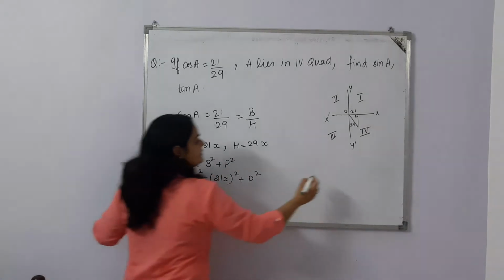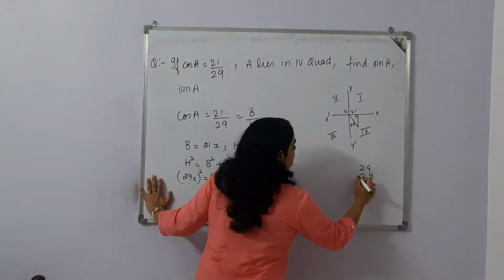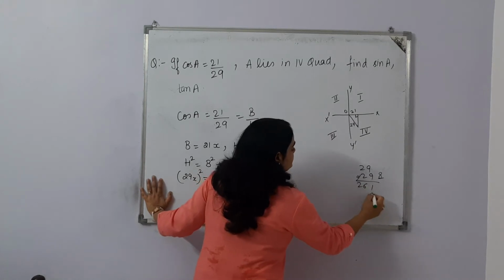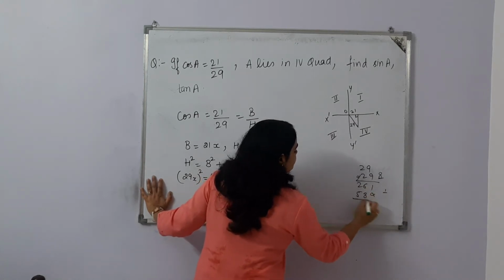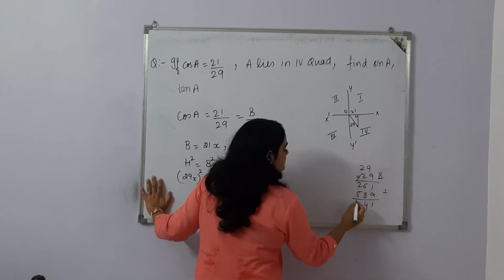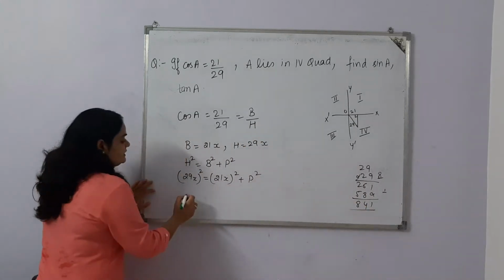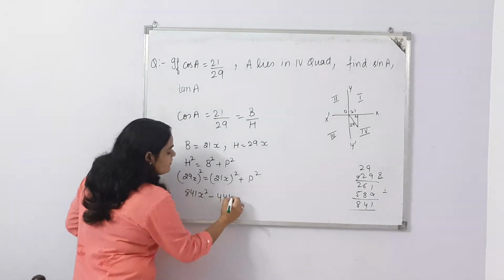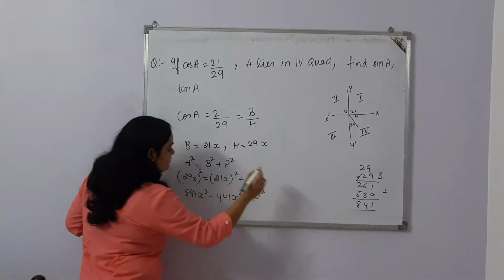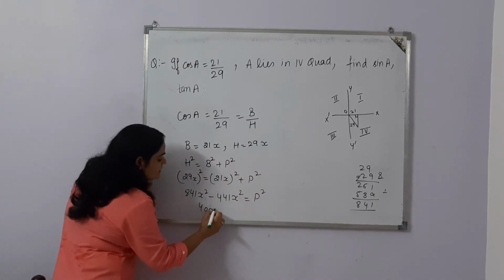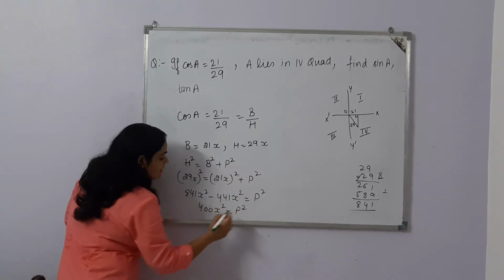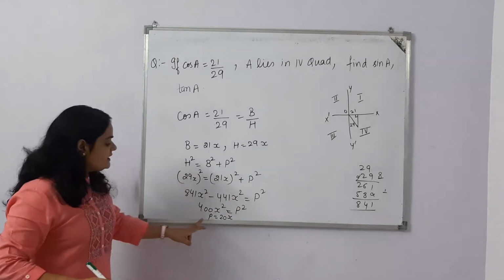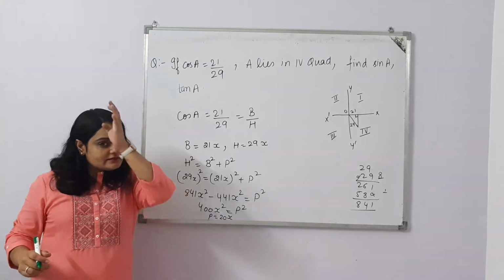So 29 square is 841, so 841x square and 21 square is 441x square, is equal to perpendicular square. We are getting 400x square as perpendicular square, and of course perpendicular is 20x.